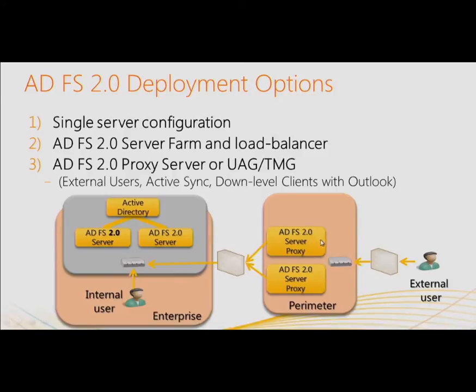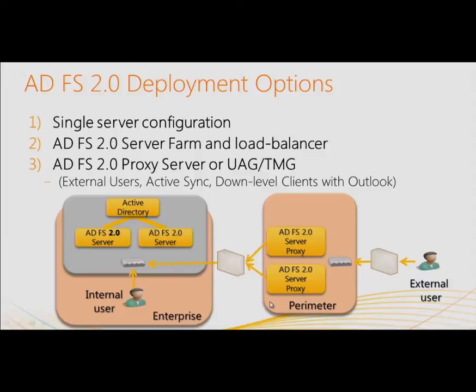So there is no information here. It's just something like, okay, I need to connect here. Okay, I'll pass your connection to the internal ADFS server. It's just to protect our ADFS infrastructure using something in the middle.